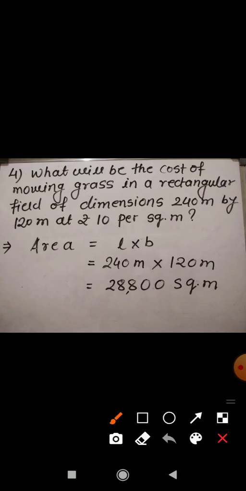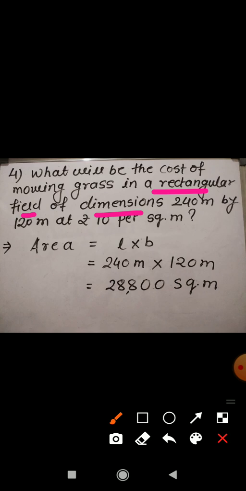Now coming to the fourth question. What will be the cost of mowing grass in a rectangular field of dimensions 240 meter by 120 meter at rupees 10 per square meter? See, in this question we are given the dimensions of a rectangular field. Dimension means length and breadth of a rectangular field.